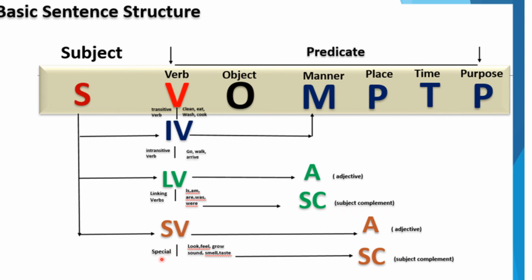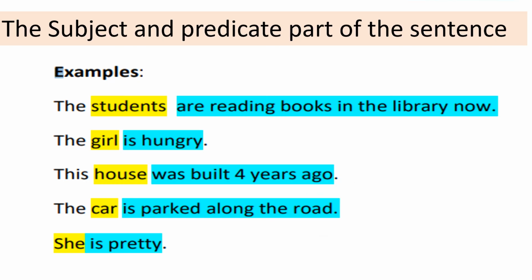SV stands for special verbs, like look, feel, grow, sound, smell, taste. A stands for adjective and subject complement for SC. These are the usual sentence patterns that we can use when speaking and writing English.